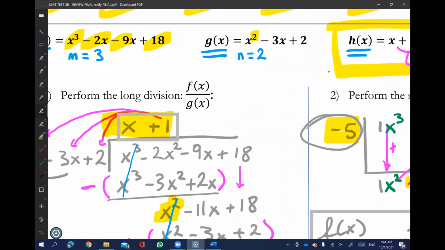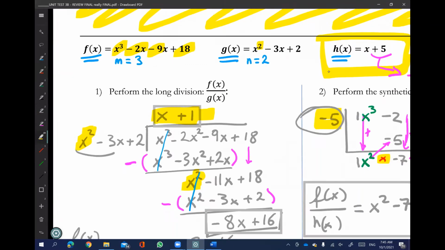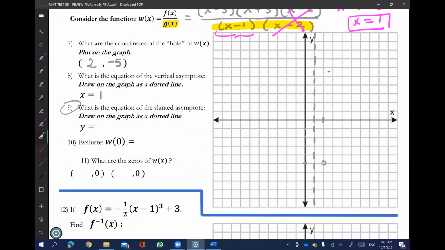Remember this quotient that I found in the long division when I divided f of x and g of x. This right here is your slant asymptote, x plus 1. You just report your findings here, x plus 1.